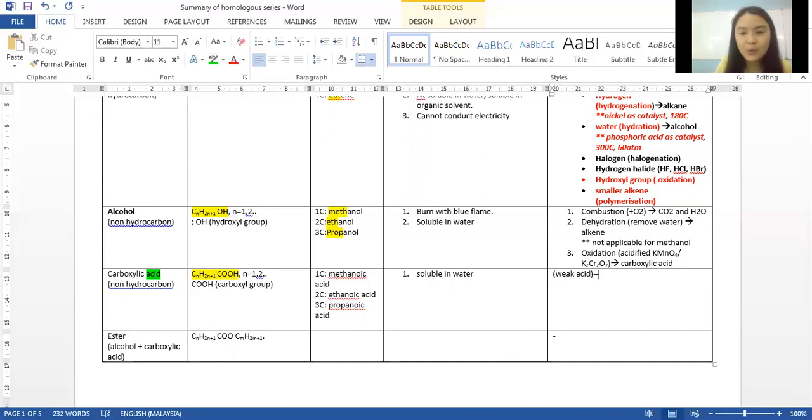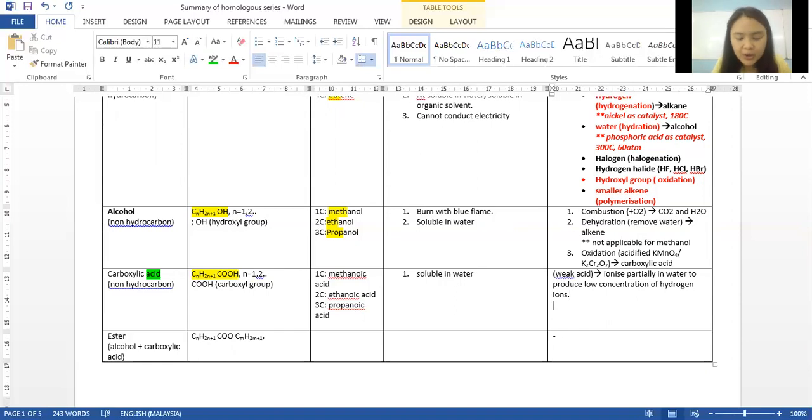So a quick recap, weak acid is defined as acid that only ionizes partially in water, producing low concentration hydrogen ions, right? So all carboxylic acids are weak acids.